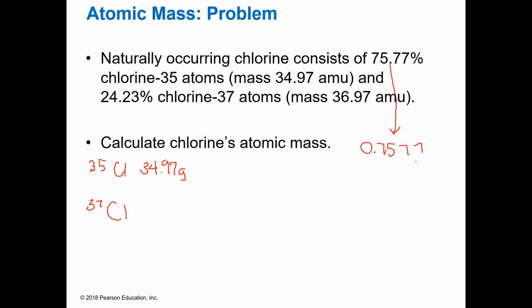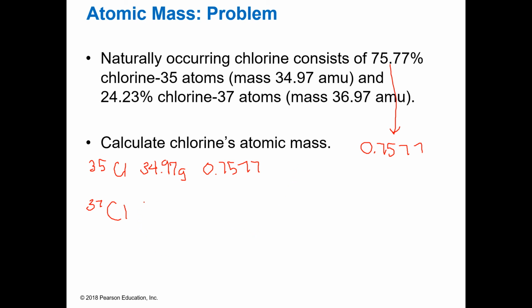The percentage is just over 100. I want it in decimal form, I don't want to leave it as a percentage. So this is my natural abundance: 0.7577 or 75.77%.